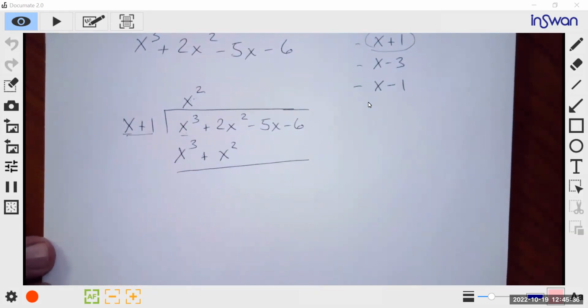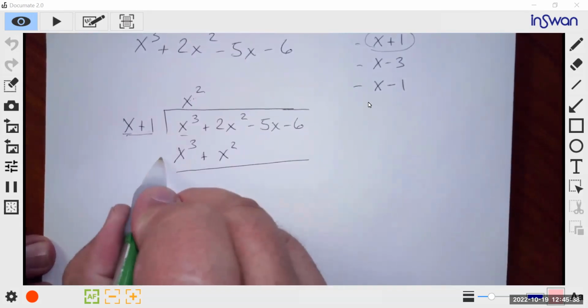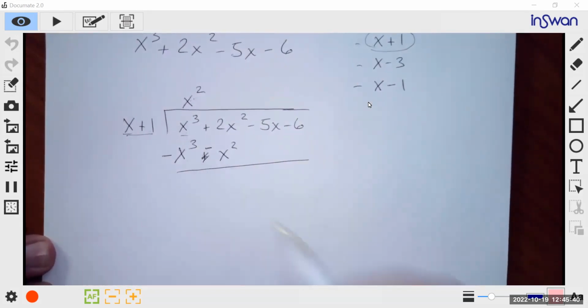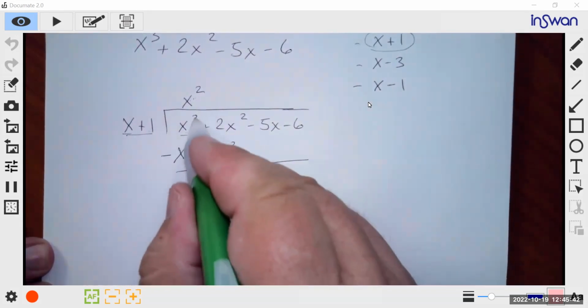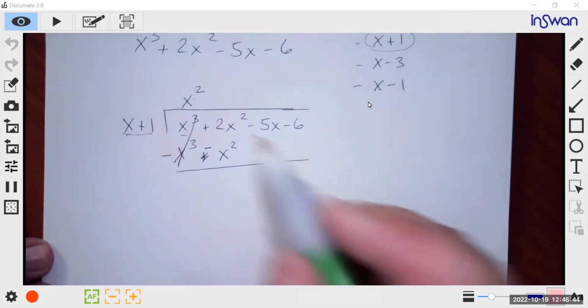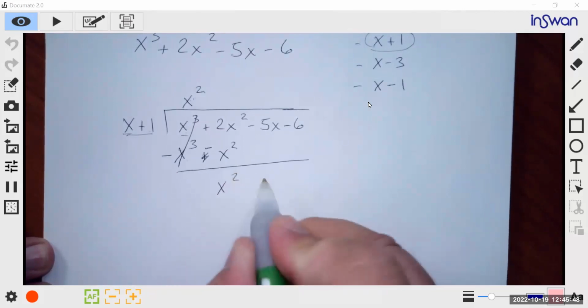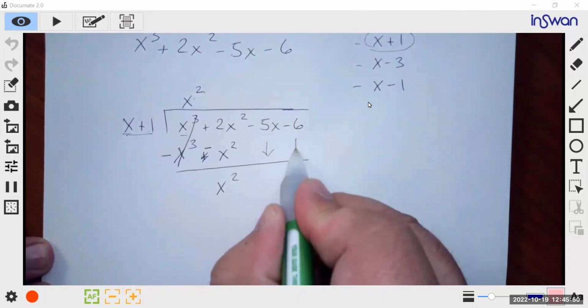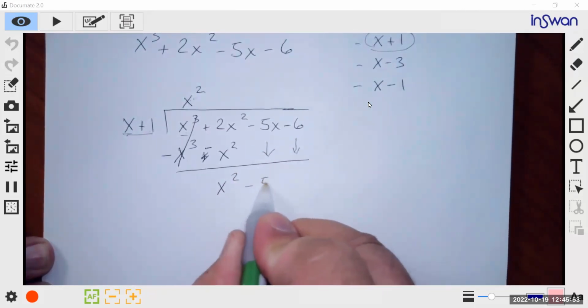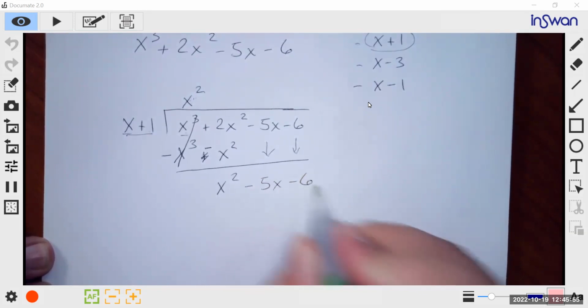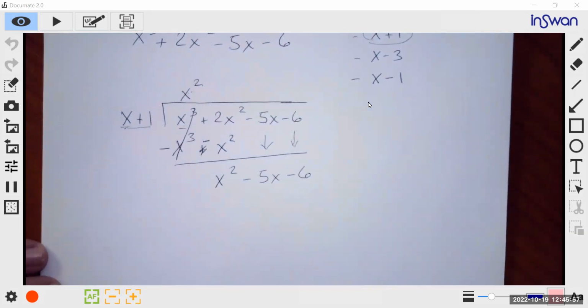Then I got to do what? Subtract, so change your signs. X cubes cancel. So 2 minus 1 is 1x squared. Bring down everything else. Repeat the process.